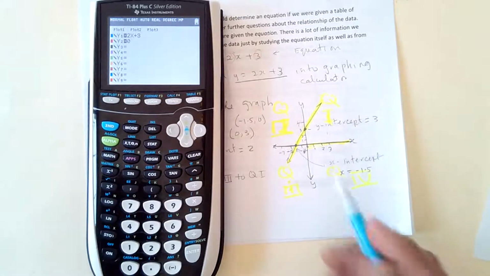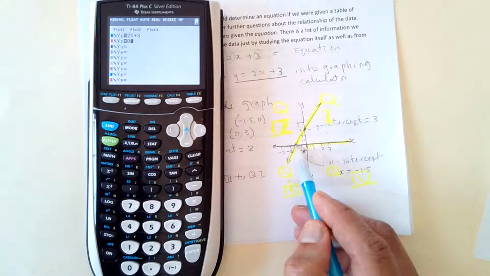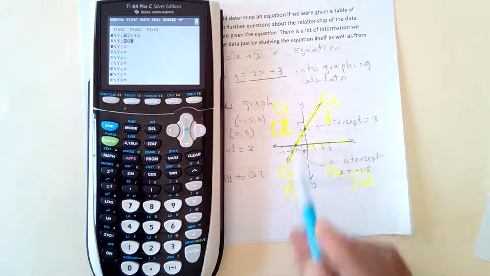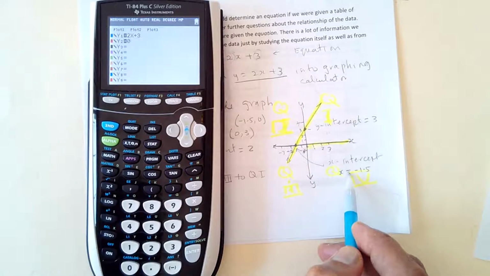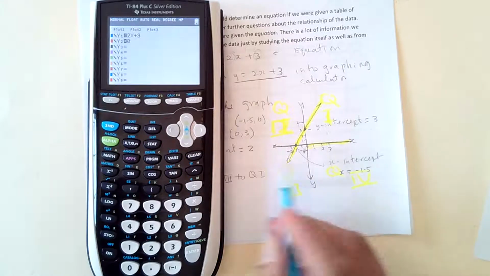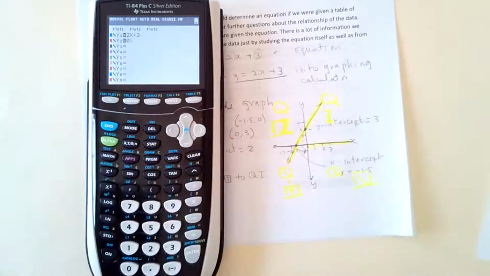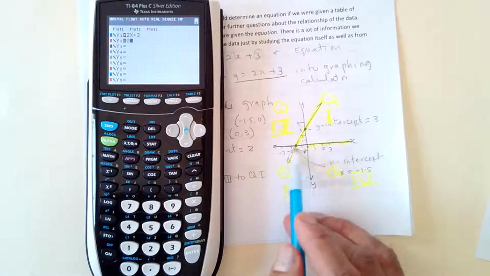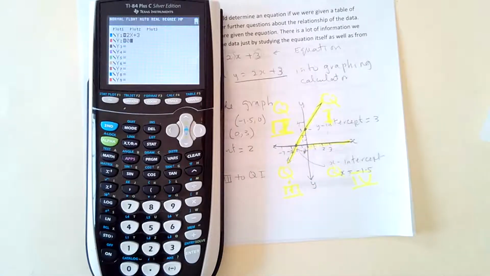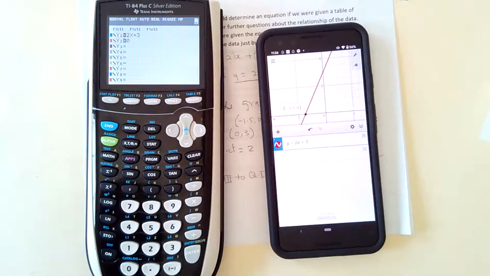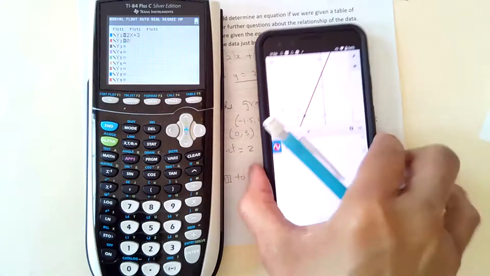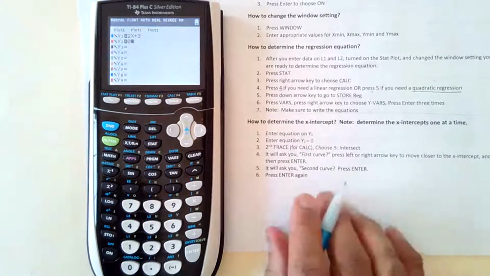The next step, we are going to find where these 2 lines meet, their intersecting point, and that will give you your x-intercept. So that's why it's critical for you to put another line here. You want to find where these 2 lines meet. Desmos does that without all those steps, easily by just tapping. The graphing calculator takes a few more steps.